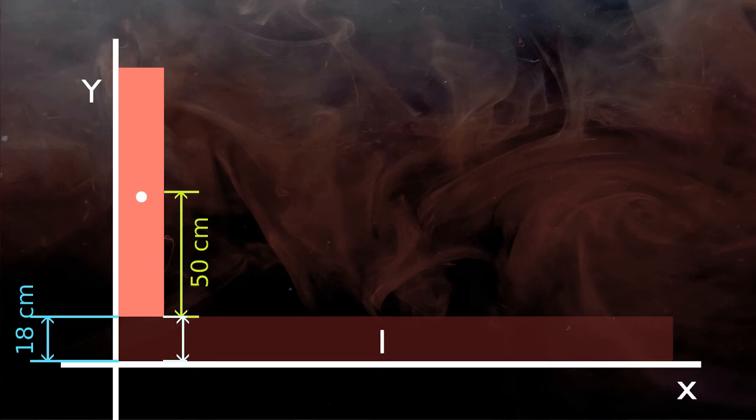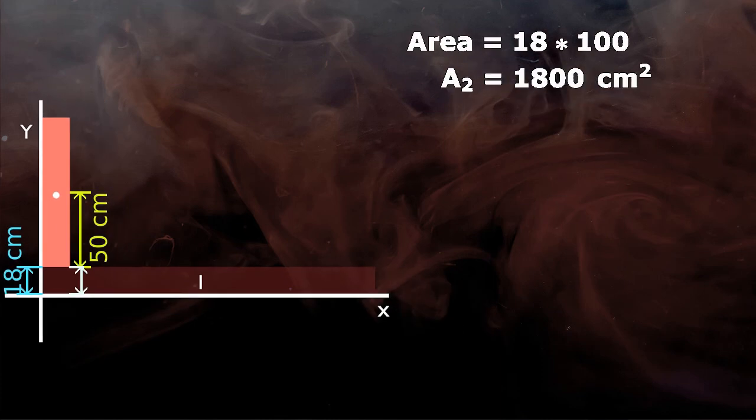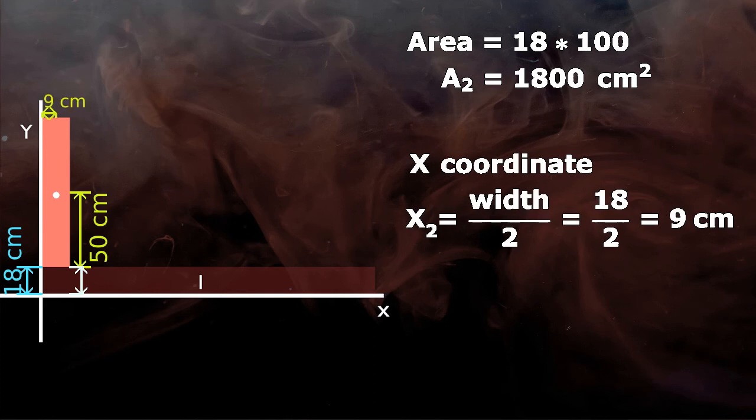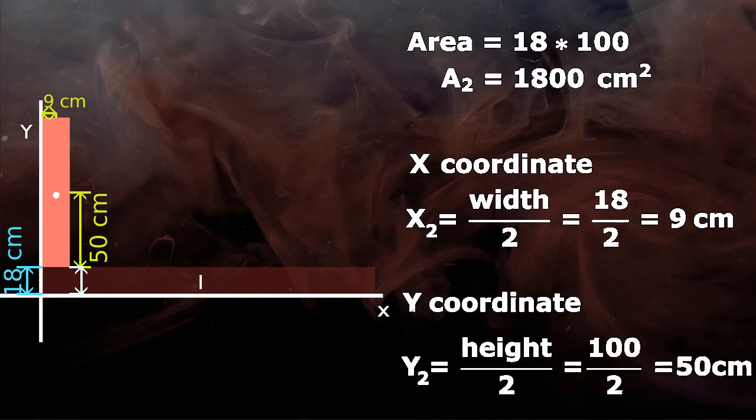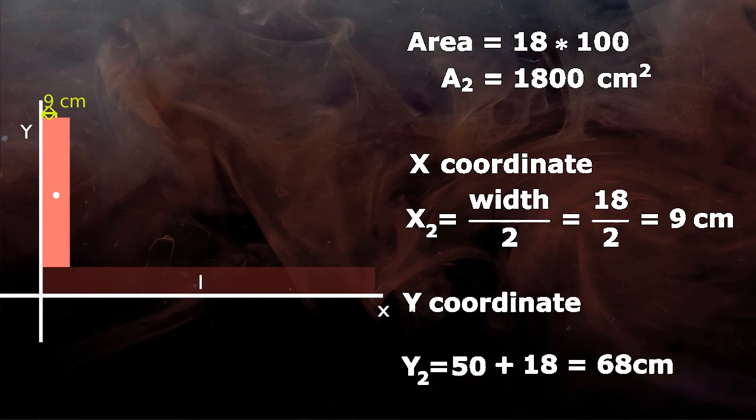So we can find the final y coordinate by adding the height of the slab, that is 18 cm, to the previously found y coordinate. The area is the same. Final x coordinate x2 will be the same, 9 cm, as the y-axis is touching the plane. And y coordinate y2 will be 50 plus 18 equals 68 centimeter.